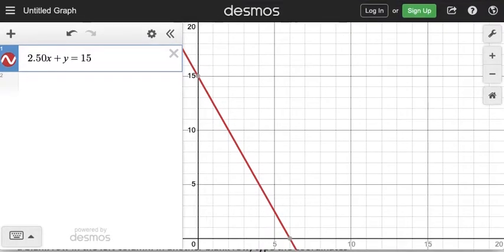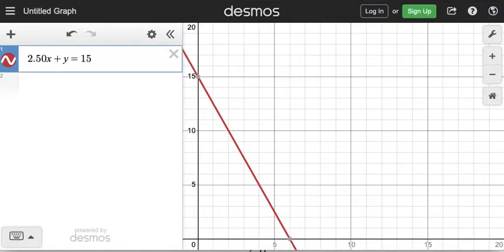So there's my graph. Notice that this graph has a y-intercept at 15 and an x-intercept at 6.